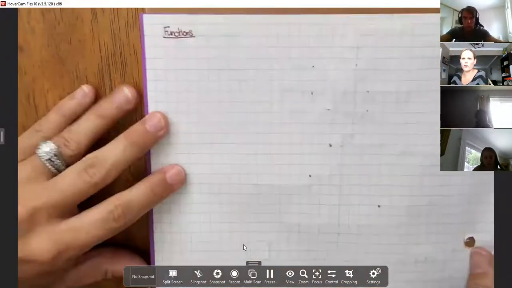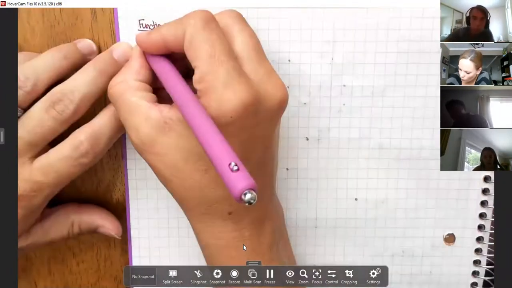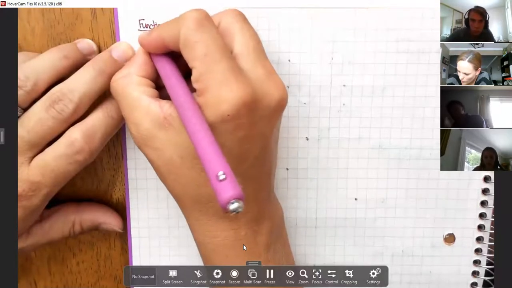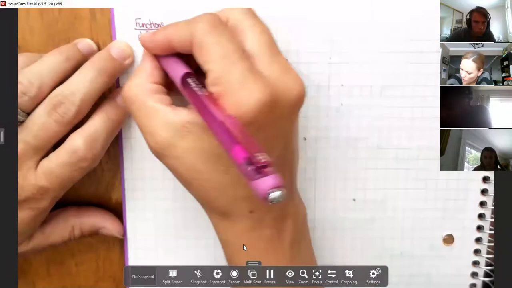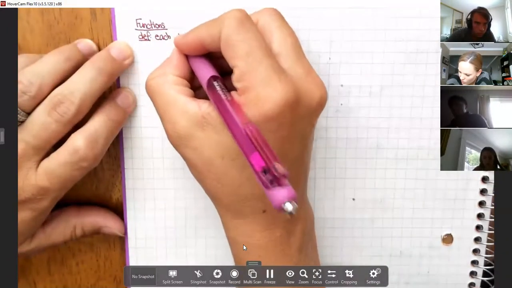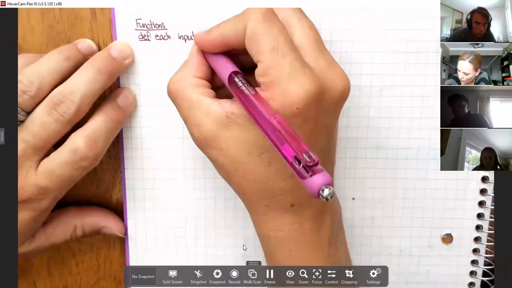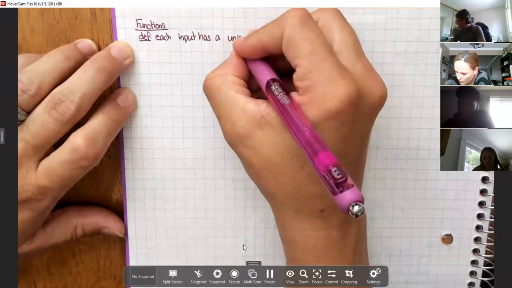All right, so functions. The definition in our own words is each input has a unique output.